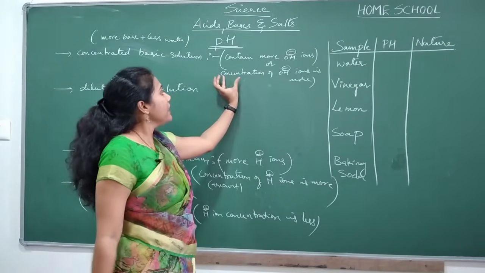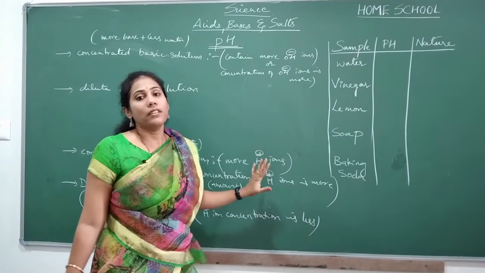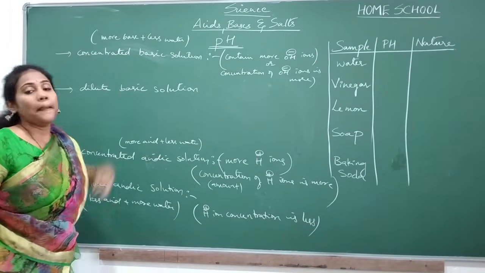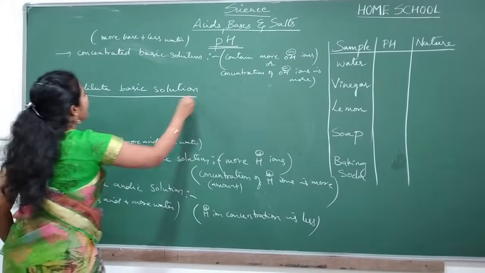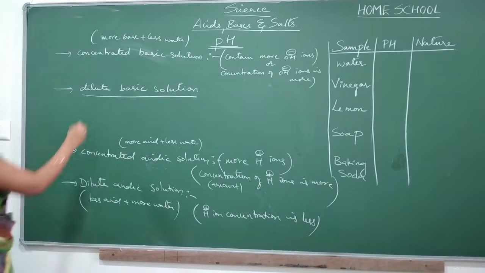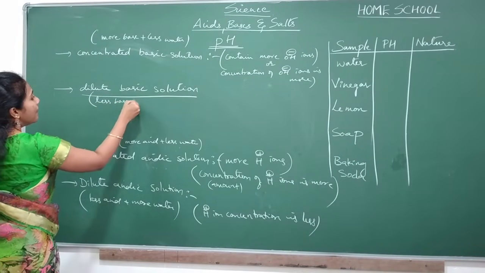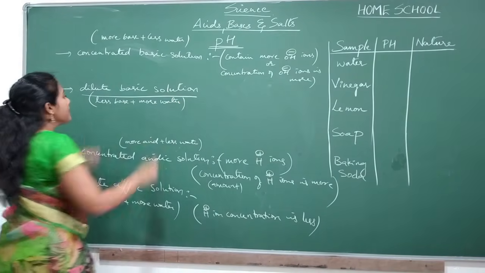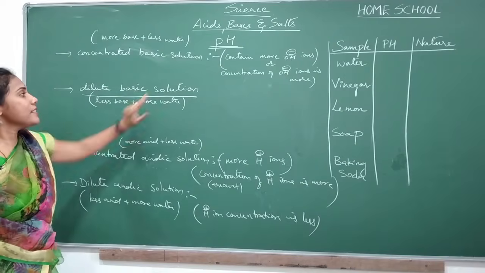So here, the number of OH minus ions is more, in a concentrated basic solution. Clear? So similarly, dilute basic solution means what? Less base is there plus more water is there. Such a combination we will call dilute basic solution.